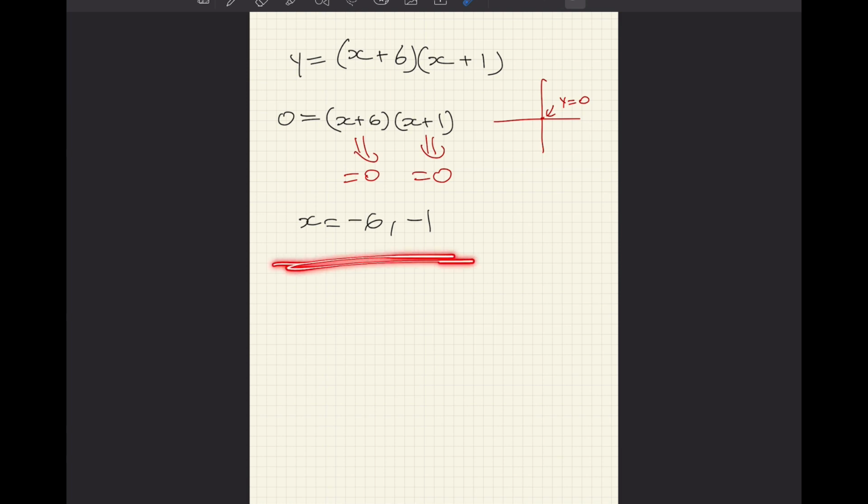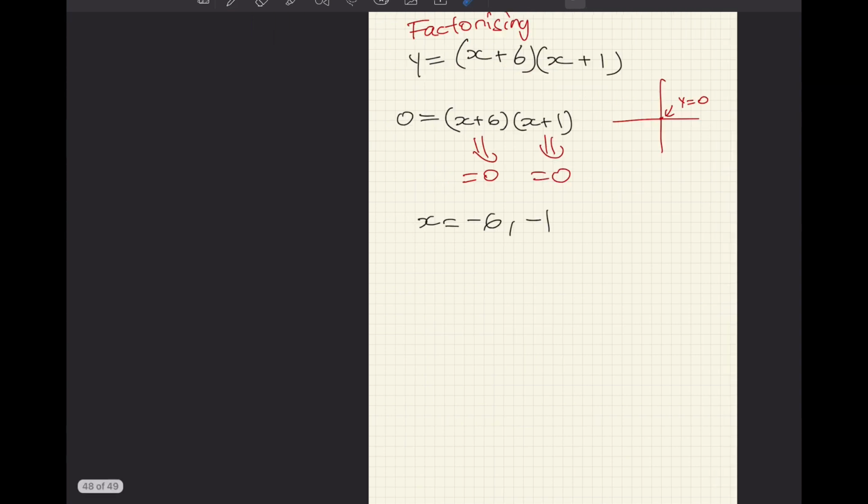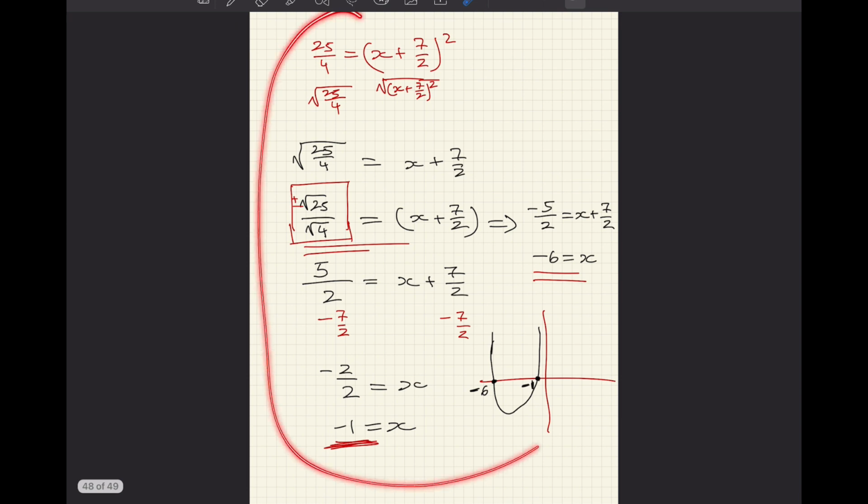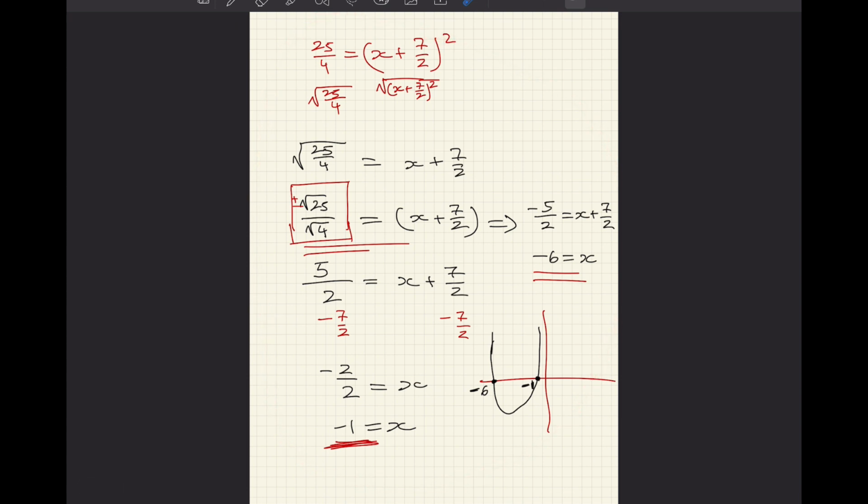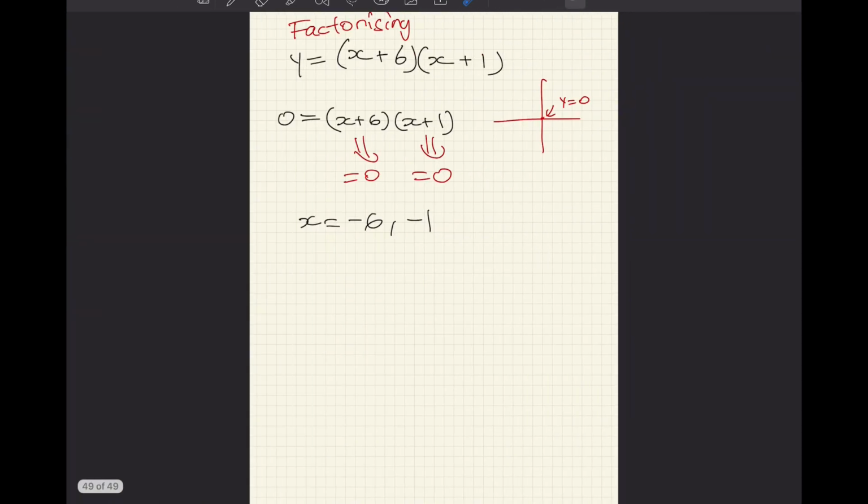Now, the factorizing mechanism is faster, but it does require you to recognize these numbers without doing any maths, while the turning point method is going to work every time because it uses algebra.